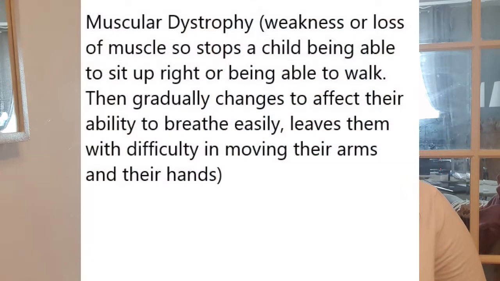The last one we're looking at, the third group here, is progressive. So this means that the disability develops gradually over a person's lifetime. So this could relate to children and adults, okay? So the first one is muscular dystrophy.